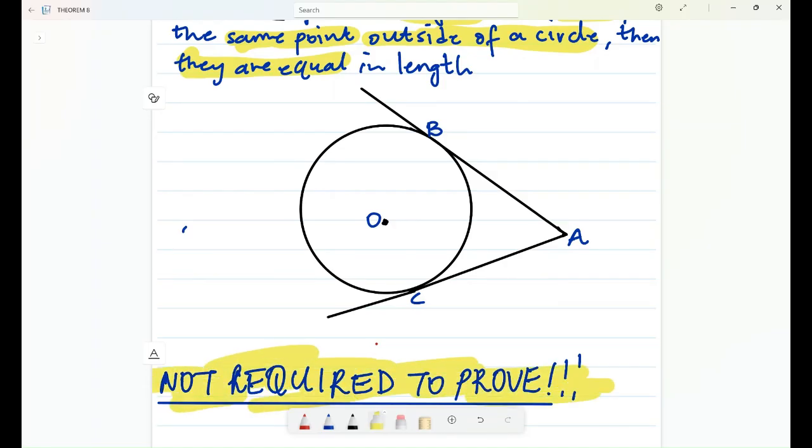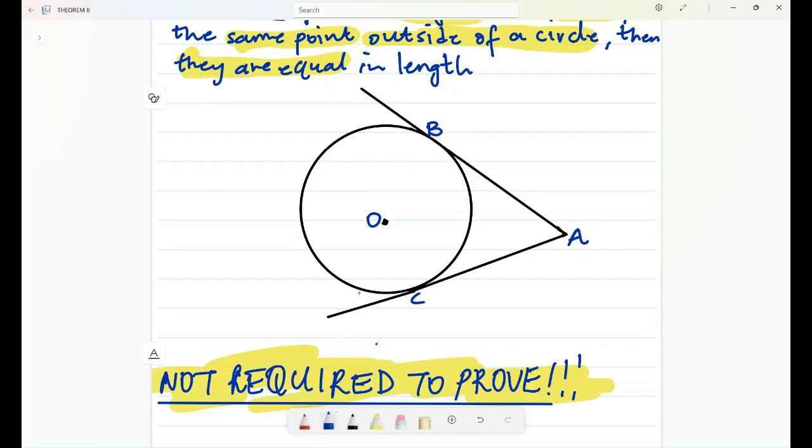The ones that you are required to prove, I normally give you the given data, then RTP, required to prove. But if you do not see this and see me proving, just know it is me trying to make you understand how this theorem came about.